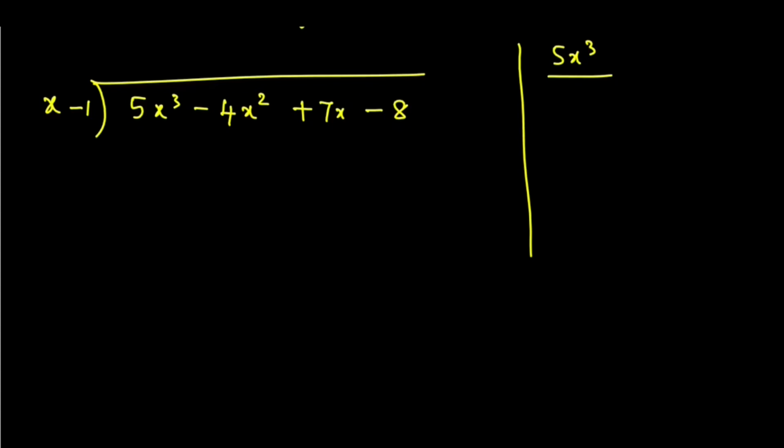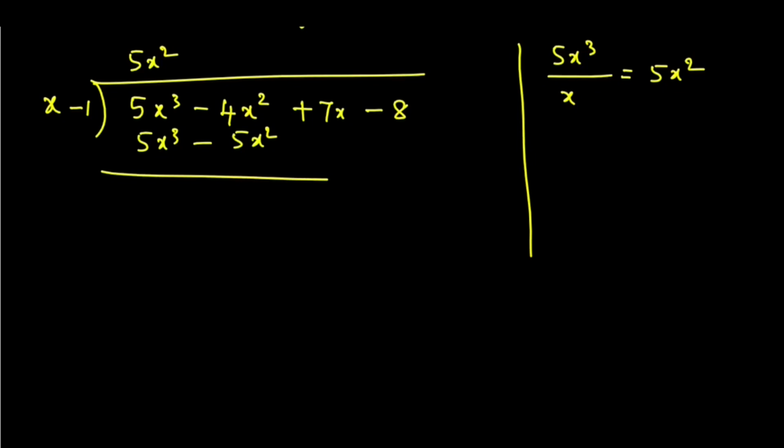The first term in the divisor is x. 5x cubed by x is 5x square, the first term of the quotient. 5x square into x minus 1, we get 5x cubed minus 5x square. We subtract this, change the signs. These get cancelled. Now minus 4x square plus 5x square, we get x square.